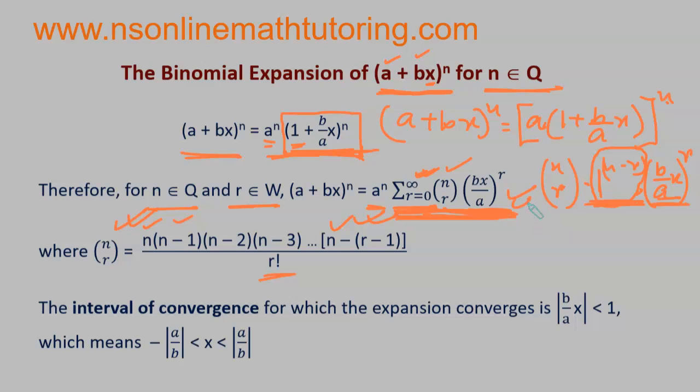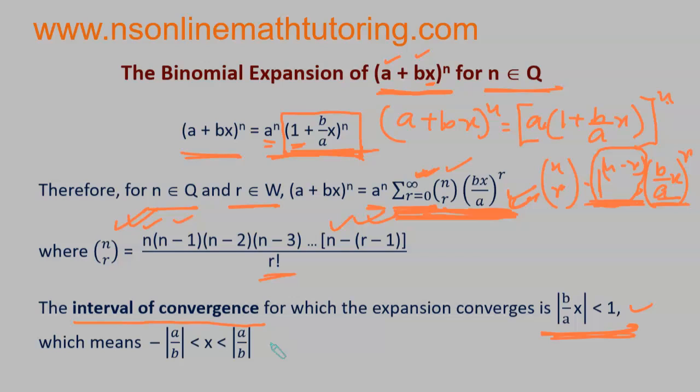Similarly, this infinite series will be converging to a particular value if the values of x follow this inequality. The absolute value of b over a times x should be less than 1. This is known as the interval of convergence. Only if the absolute value of b over a times x is less than 1 will this infinite series converge.